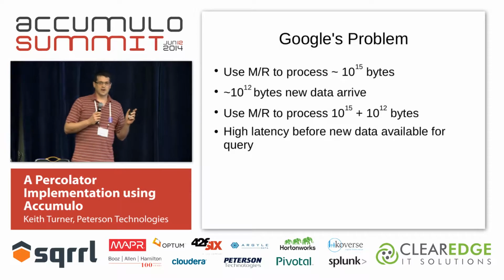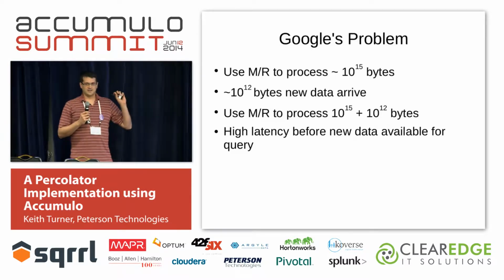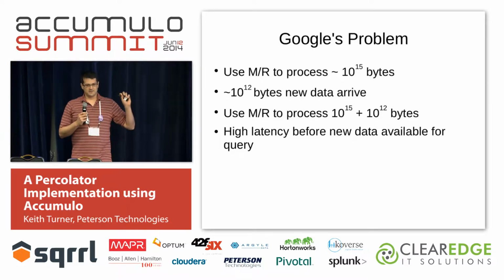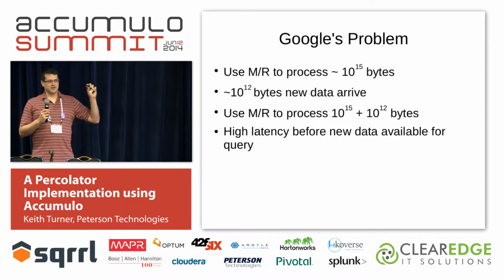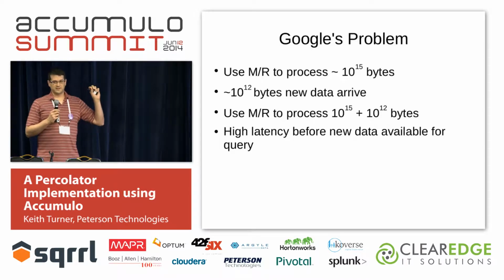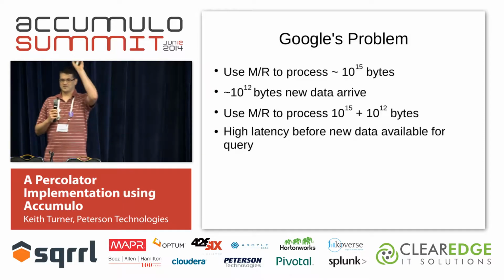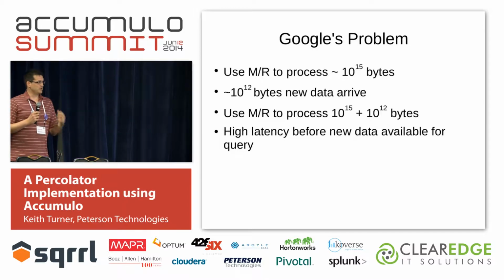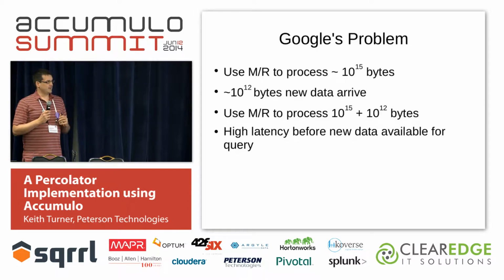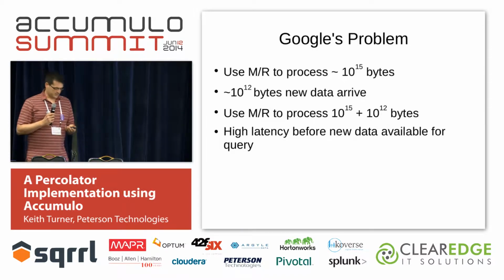They have a nice little graph in the paper where the ingest rate is going up, the size of the ingest, and the time it takes to process it with Percolator. And at some point there's a cliff where it just goes asymptotic. So you can't use Percolator to process all of your data. And we'll talk about how you deal with that later.